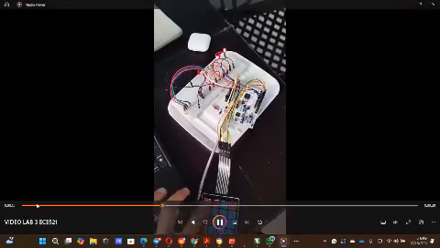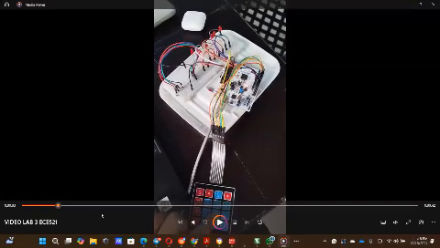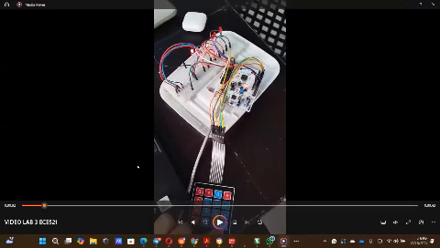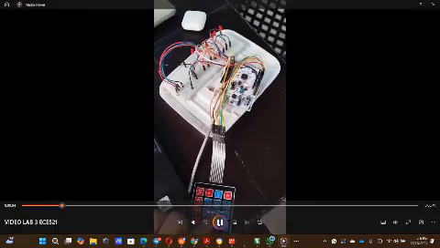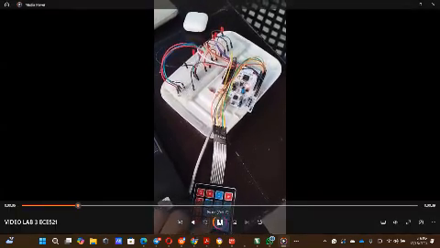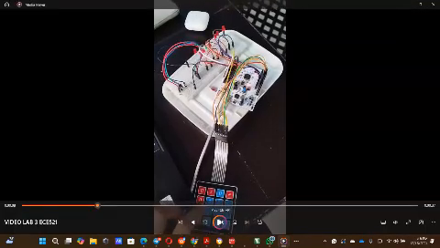As you can see, when I press 1, LED 0 and also LED 4 will turn on. And then secondly, when I press 5 on the keypad, LED 2 and LED 6 will light up.